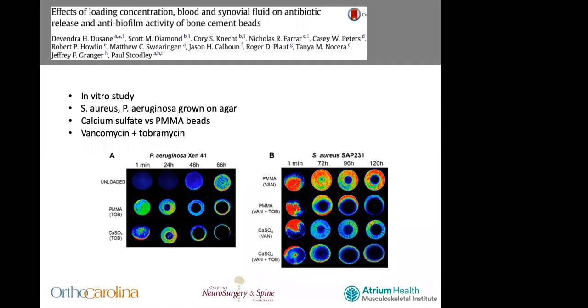And we can see here in terms of how much bacteria is still left, because they did make the bacteria fluorescent, that PMMA with just tobramycin and PMMA with just vancomycin had the lowest bactericidal and bacteriostatic effects, whereas calcium sulfate by itself with tobramycin or vancomycin or combination therapy with vancomycin and tobramycin had the best effect. And they also found that the effect was independent of loading density and not affected by exposure to body fluids. So just another thing to consider.